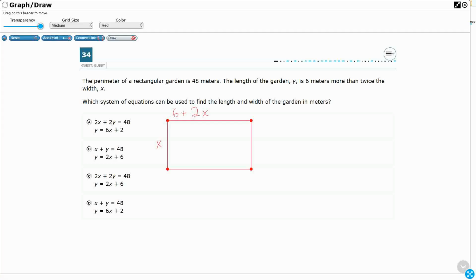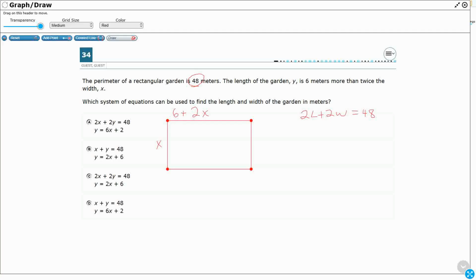All right, so we need to find a system of equations that can be used to find the length and width. We know that the perimeter is 48. So how do we figure out our perimeter? Well, you double the length, you double the width, and that's going to get you 48. And so what is our length and what is our width?